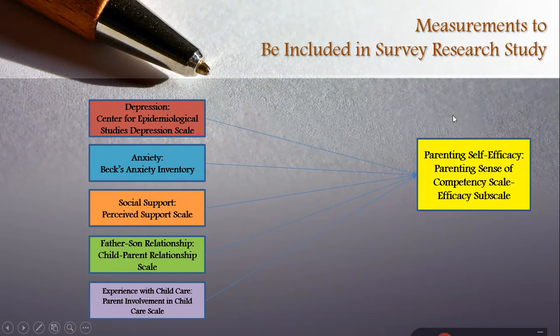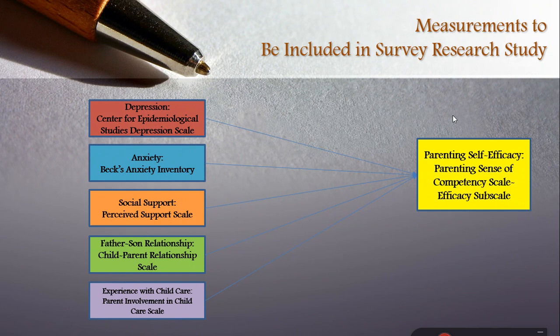So we know that a part of the beginning phases of the research process involve both conceptualization and operationalization of all of our study variables. And so one of the first things that we have to do is conceptually define or provide an agreed upon definition for each of the concepts in our study.